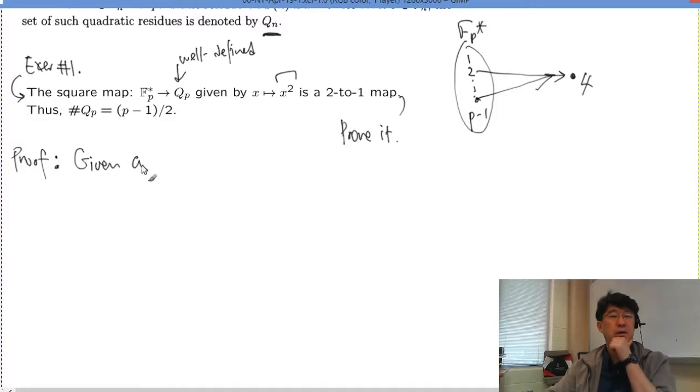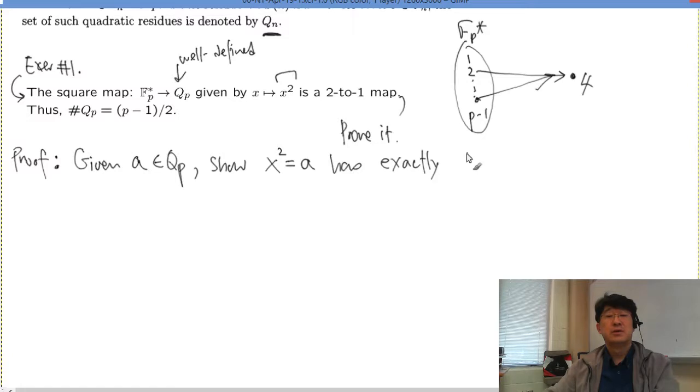Given A in Q_p, show x squared congruent to A has exactly two solutions in F_p star.